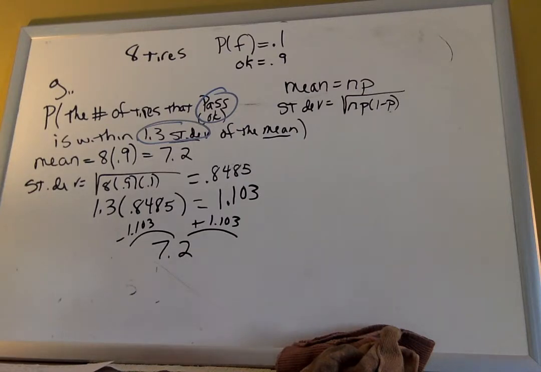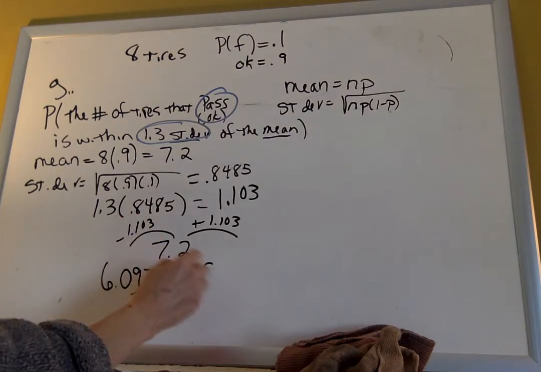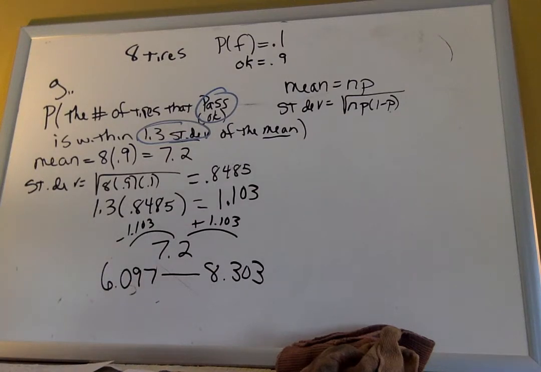Now don't round yet. I'm being very precise just to show you exactly what numbers you should be getting, but we're about to change it all in just a second. Because this is the binomial, and when it comes down to it, you can't have 1.1 tires or 7.2 tires, right? At some point, we have to pull it back to the integers.